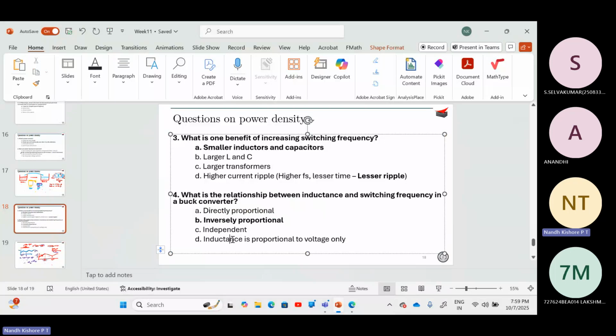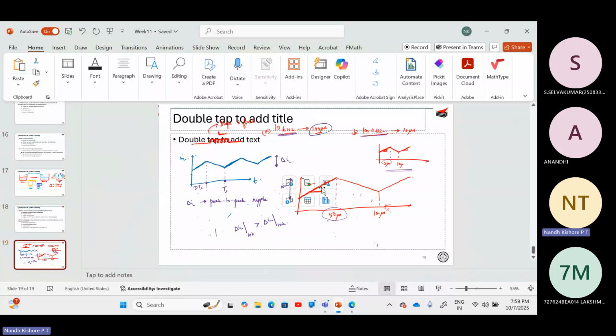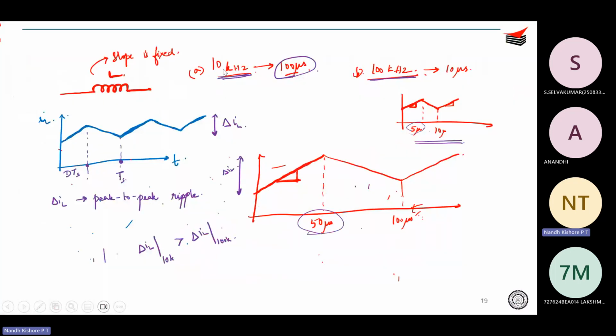If you are operating at low switching frequency, you need a high inductance. Why? Because if you don't have sufficient inductance, then you will get huge ripple. We just saw it: for 10 kilohertz, the ripple is more. For 100 kilohertz, you don't give it sufficient time, so the inductor current will not rise too much.